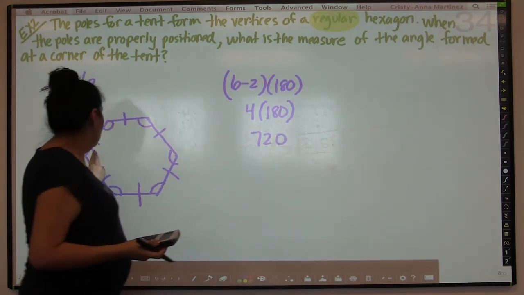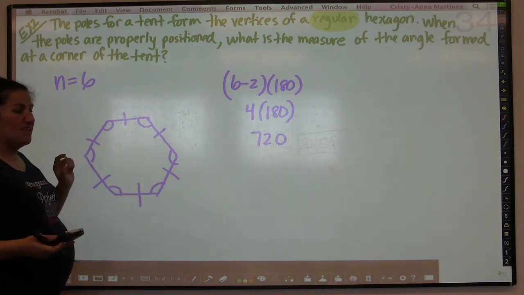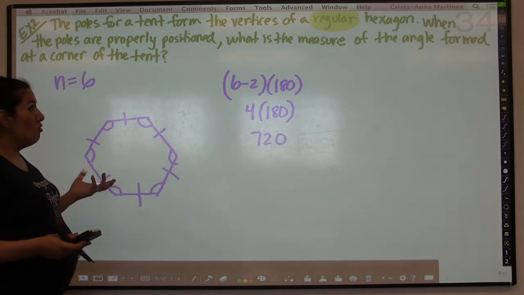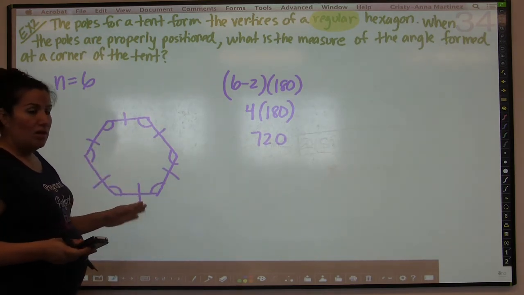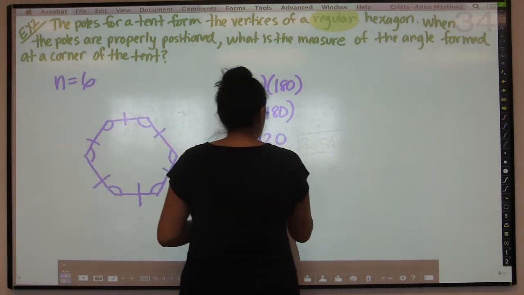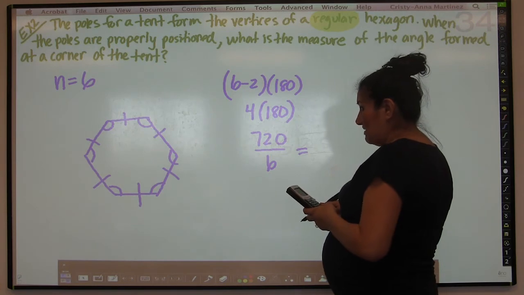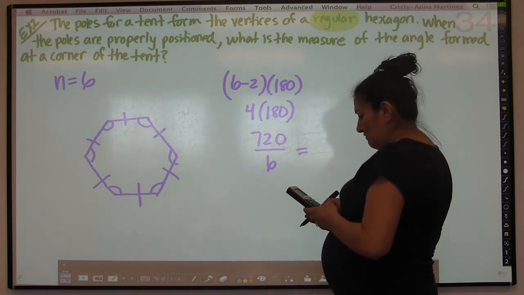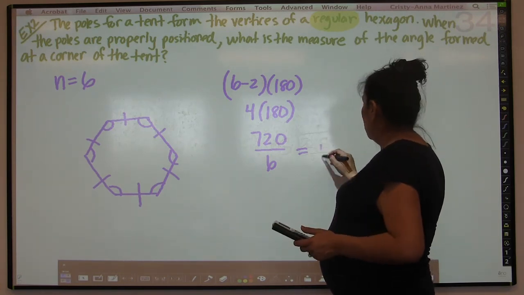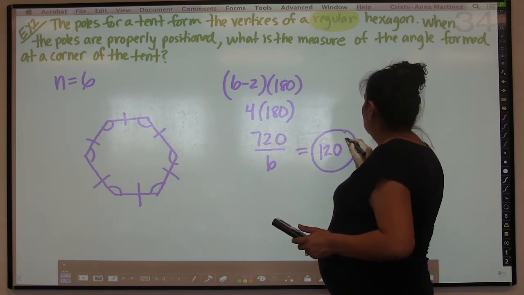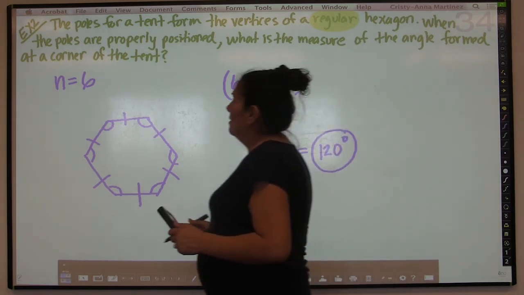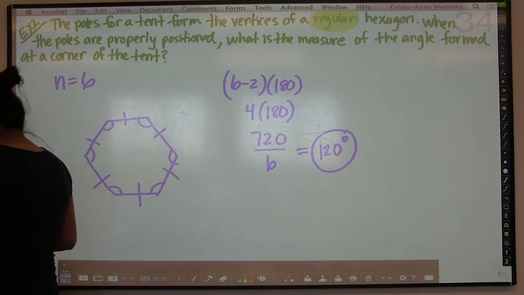So all of these angles together are going to be 720 degrees. But furthermore, because they're all the same, we can go ahead and divide by 6, because that's how many angles there are, and they all have to have the same measure. So 720 divided by 6 gives us 120. So the answer to this question is that it will be 120 degrees.